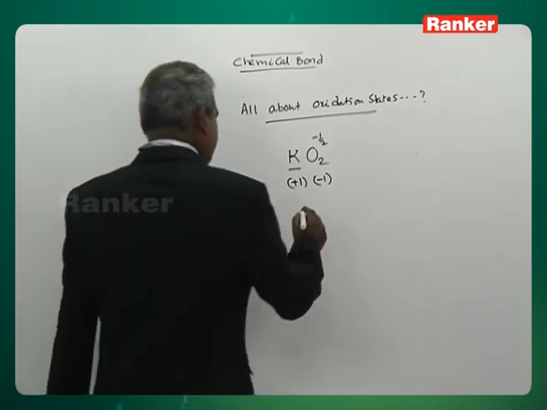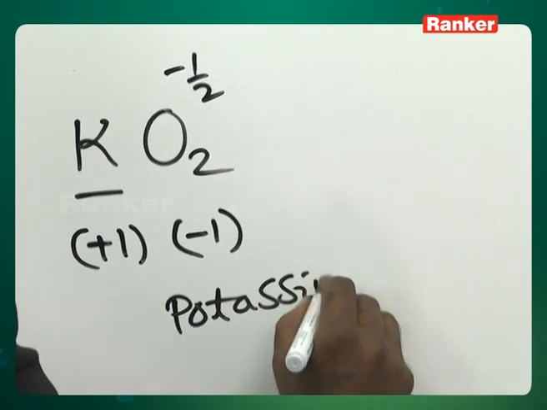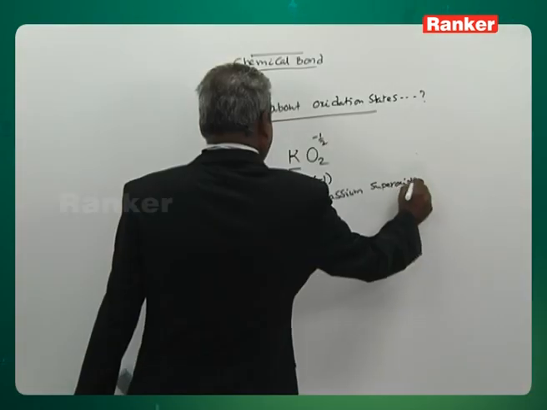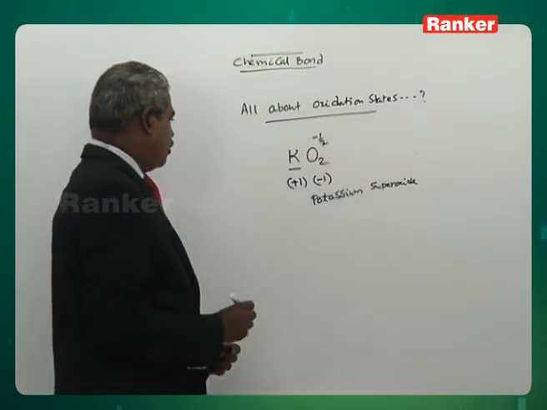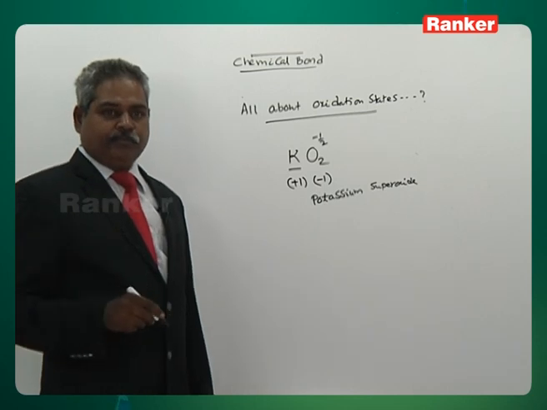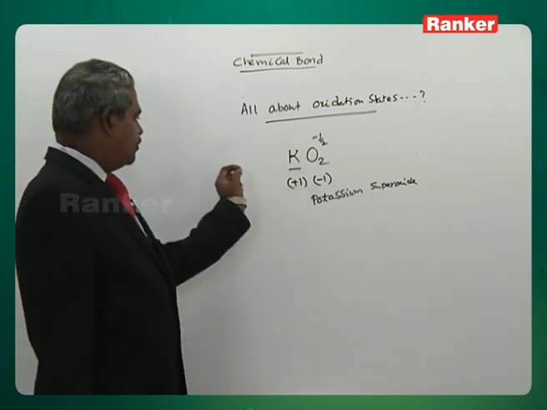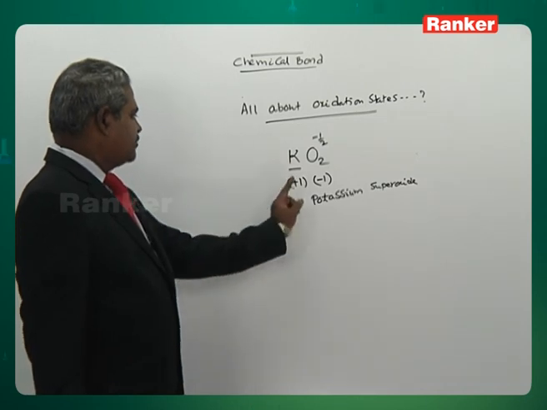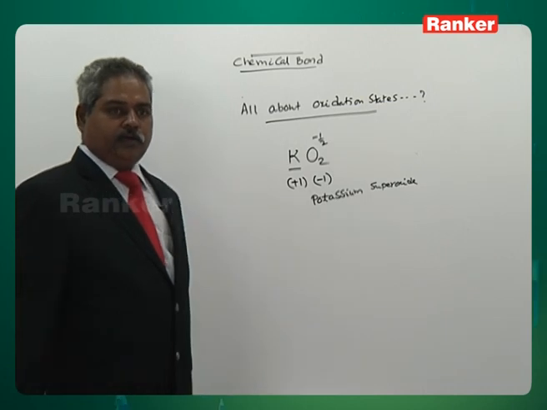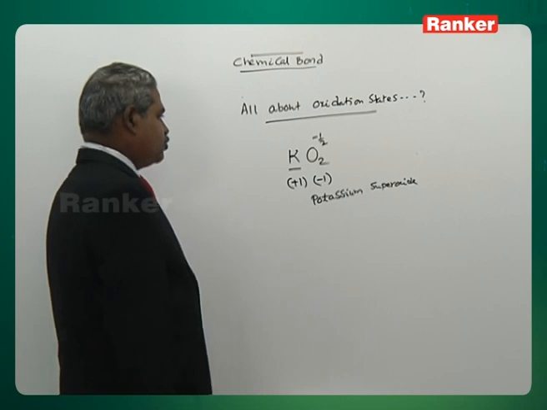Therefore, it is potassium superoxide. Why is it a superoxide? Is it because I have given minus half to oxygen? No, because oxygen got minus half, mind you. I haven't given anything. Oxygen got it by virtue of its bonding with potassium. Potassium says I will give one electron, two oxygens agree to take one electron. Potassium superoxide.